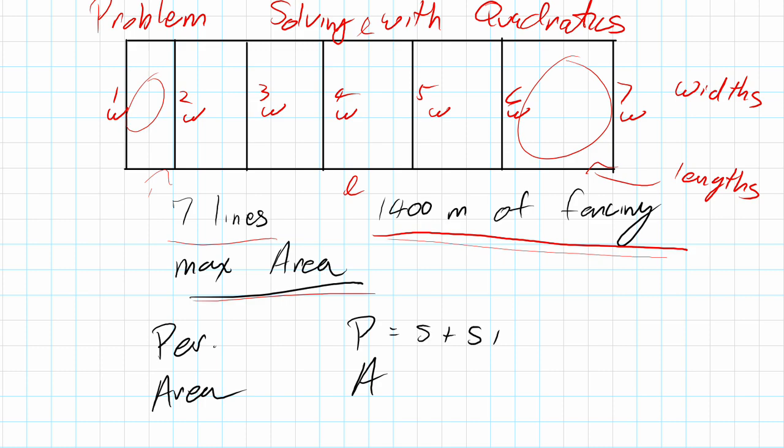Area, in this case, is just length times width, because this is actually just one large object. Perimeter is what's difficult, with all these extra pieces in between, but we can simplify it because a lot of the sides are like sides.